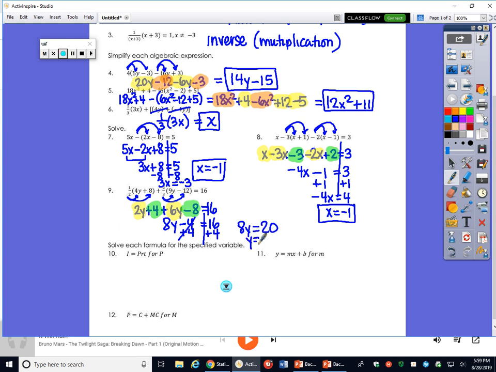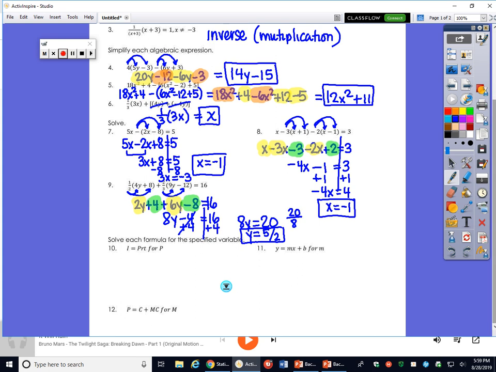And when you divide by 8, you can just reduce, which would actually be, since 4 goes into both of those, it's going to be 5 over 2 as your final answer. 20 divided by 8, which reduces down to 5 halves.